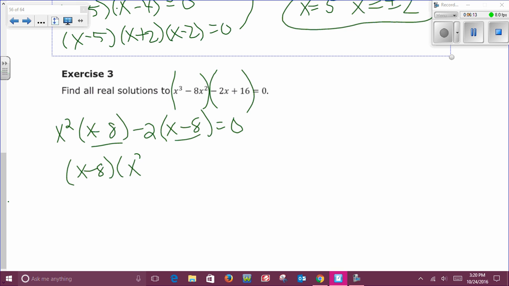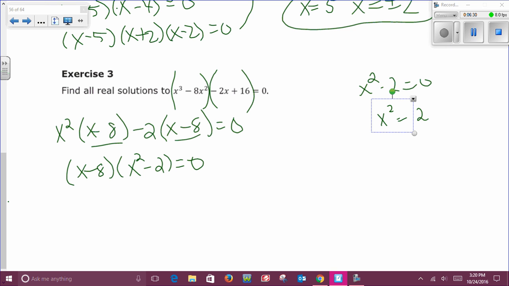Then I'm left with x squared minus 2. That is not a simple difference of 2 perfect squares, or maybe it is. If I were to set that equal to 0, so x squared equals 2. Sorry, yeah, positive 2.